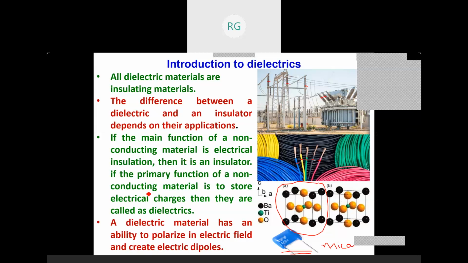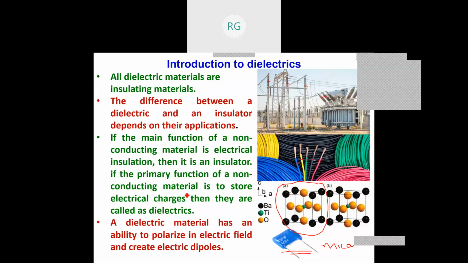However, some of the dielectric materials will have electric dipoles in them. Some of them don't have electric dipoles in them. So therefore, we should first understand what an electric dipole is, how they are created within the substance, and how they behave in an external field.